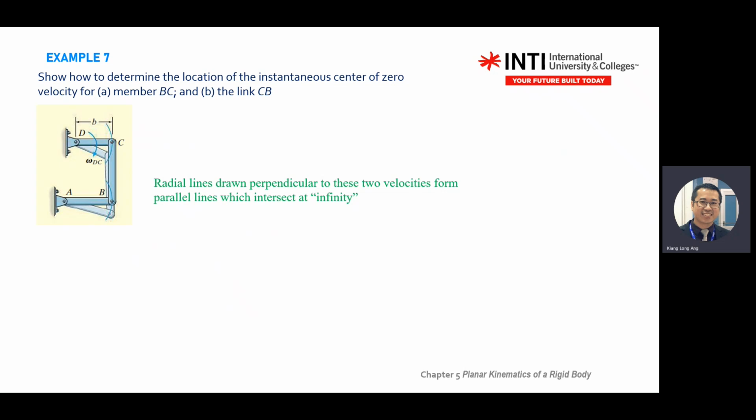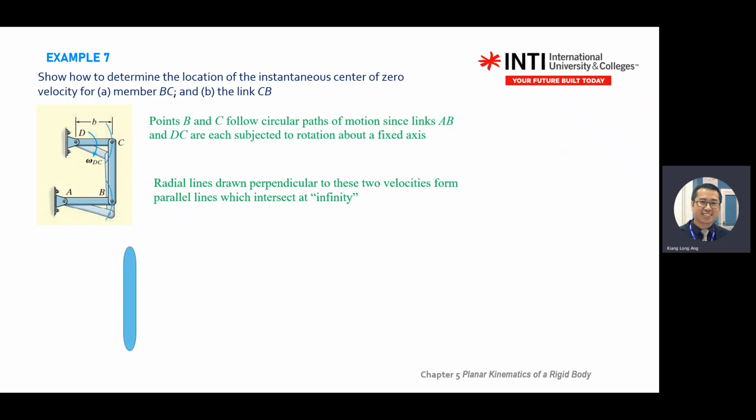Link CB, our system consists of DC, CB, and BA. So when D moves clockwise, what happens to the CB body? This one moves down, right? This body will move down, and C will also move down, B will also move down, right? Okay, A does not move. A does rotate. Okay. So how do you do it?